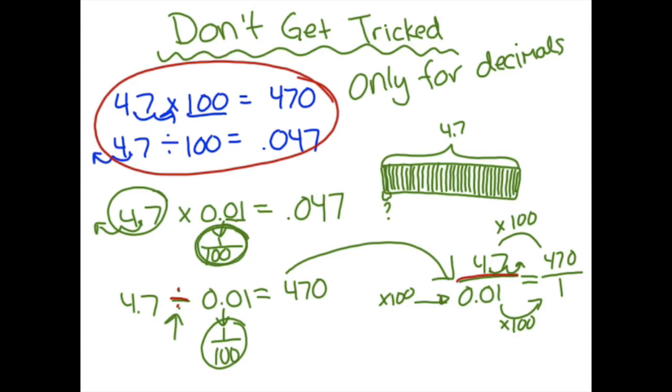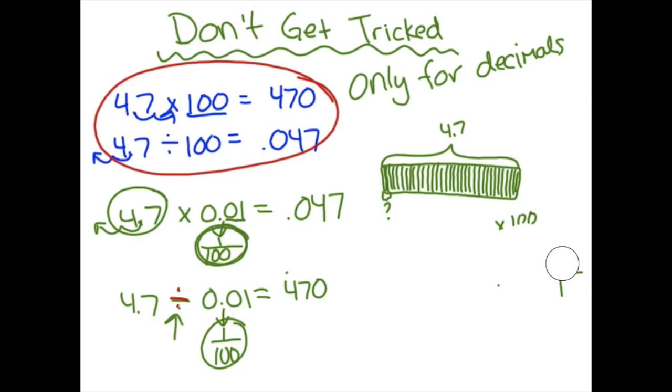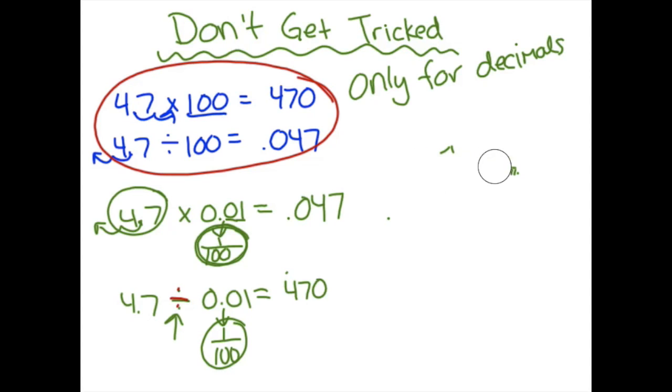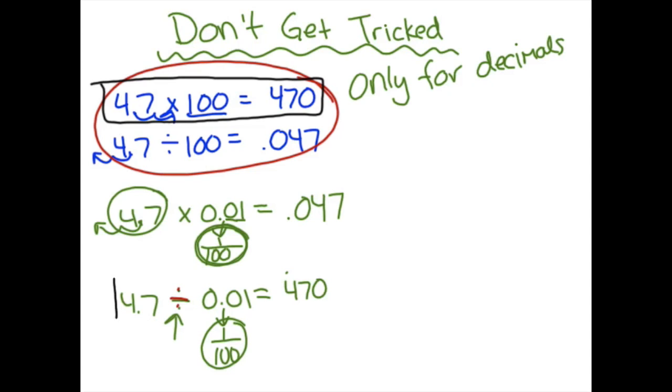So, if you take a look here at these problems that we solved, and now I'll erase some of this mess here. If we take a look at these problems, you'll see that when I multiply 4.7 times 100, and I get 470, that's similar to saying 4.7 divided by 0.01.